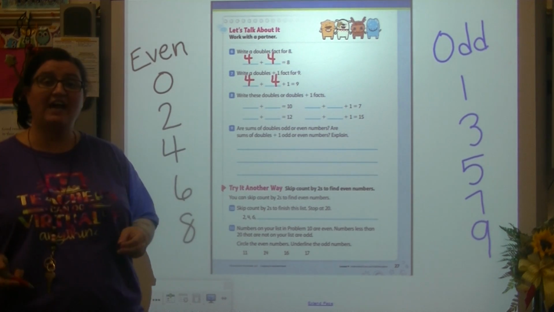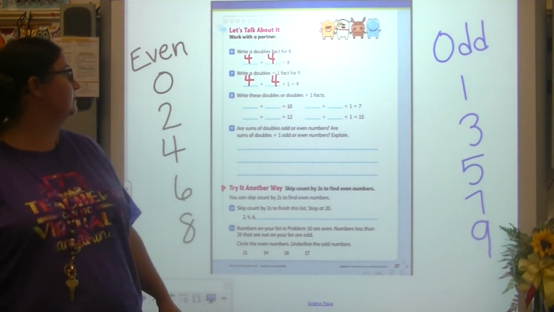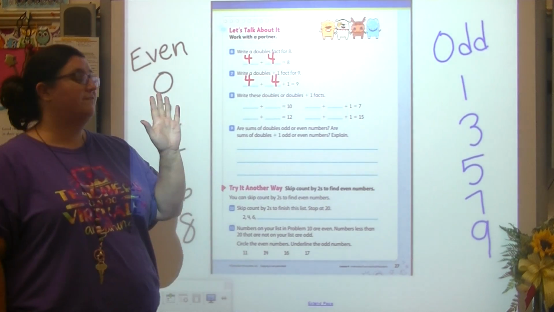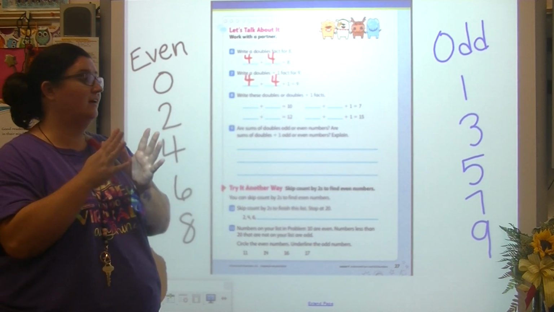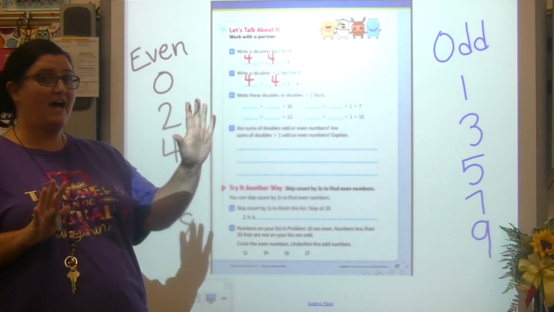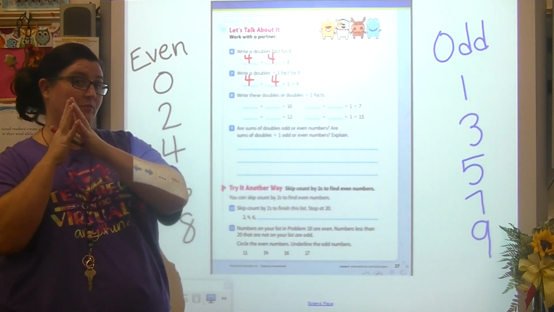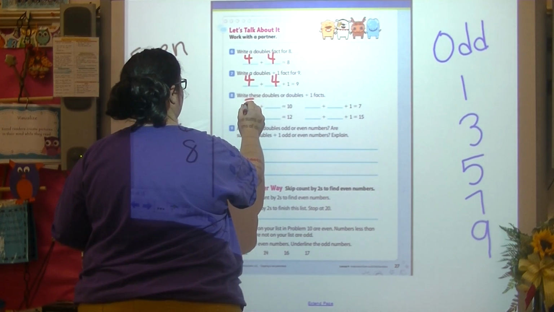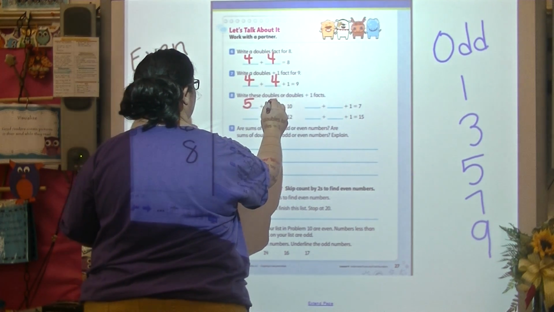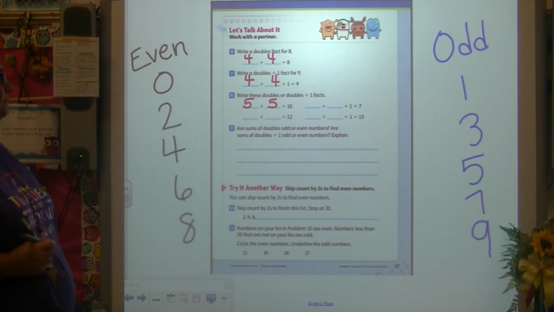What doubles fact equals 10? 5 plus 5 equals 10. Again, 5 plus 5 more equals 10. And everyone has a partner.